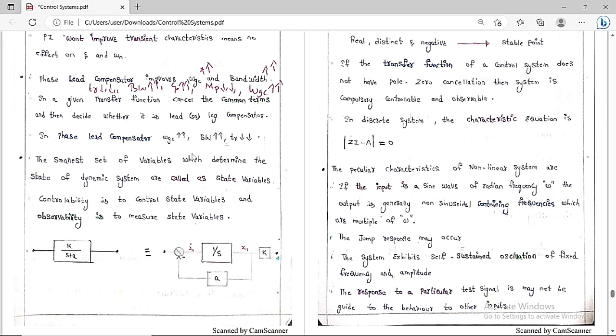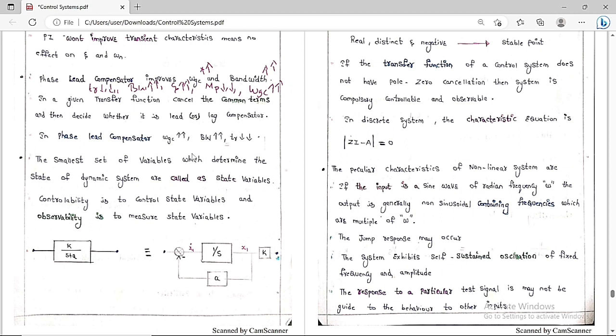Always remember, the smallest set of variables which are going to determine the state of the dynamic system are basically called the state variables.